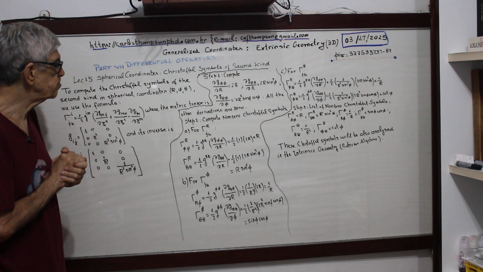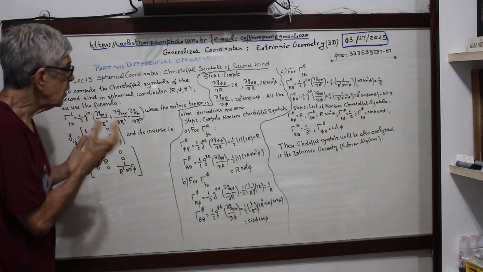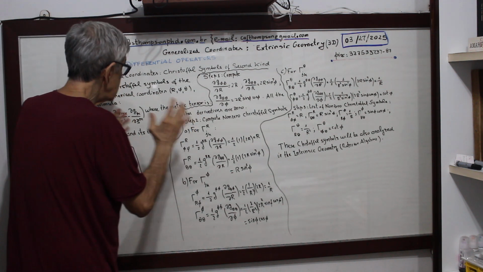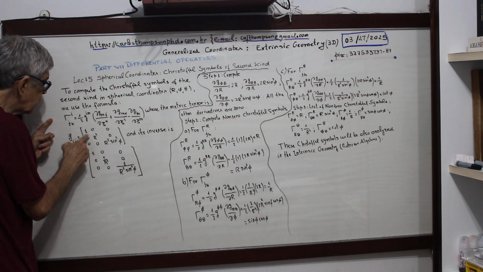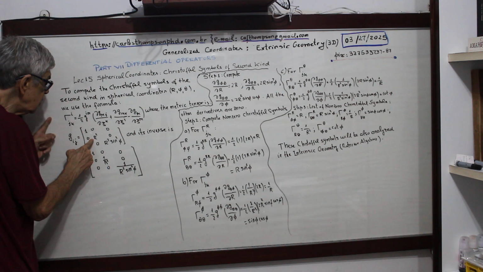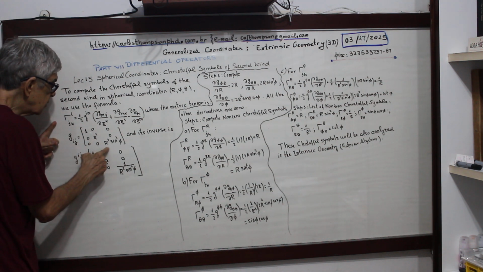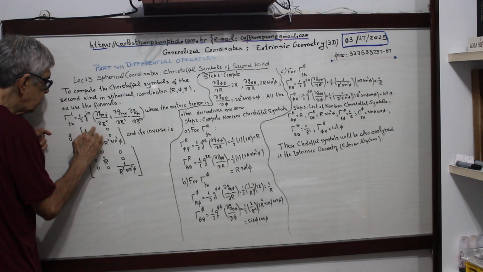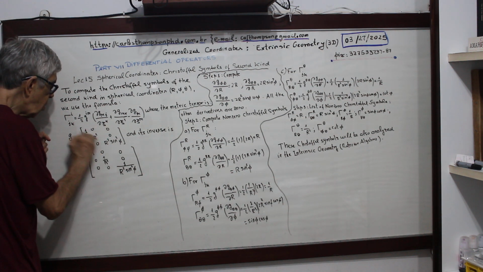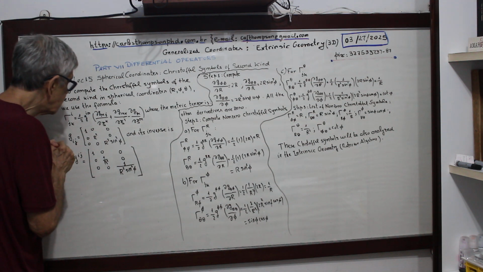of second kind. Now, we start. Remember, this over here is G_RR, this is G_phi, and this one is G_theta, okay? Because only the diagonal is different from zero.